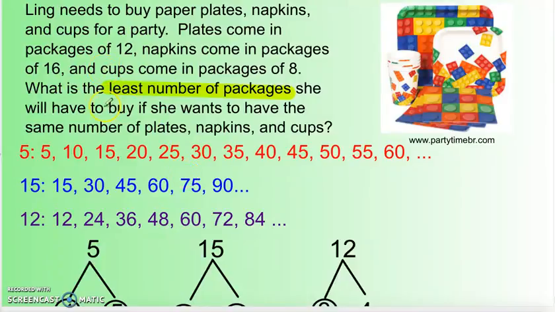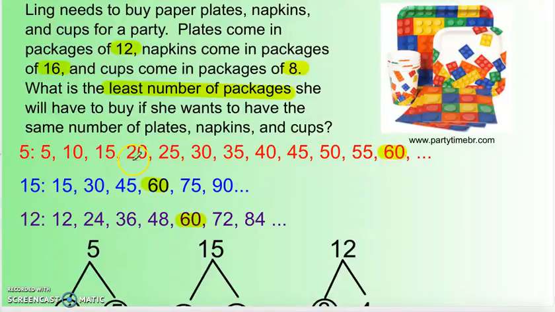Okay, and so I'm going to start off. Here are my numbers that I'm going to use: 12, 16, and 8. And I'm going to list them, and I'm going to do the list way. If I list all my multiples, I notice that the first thing that they have in common is 60.